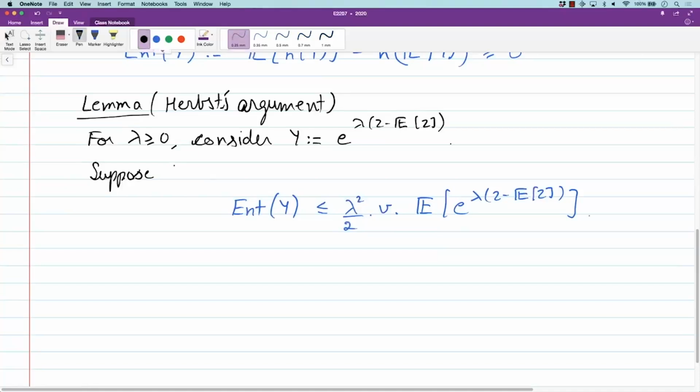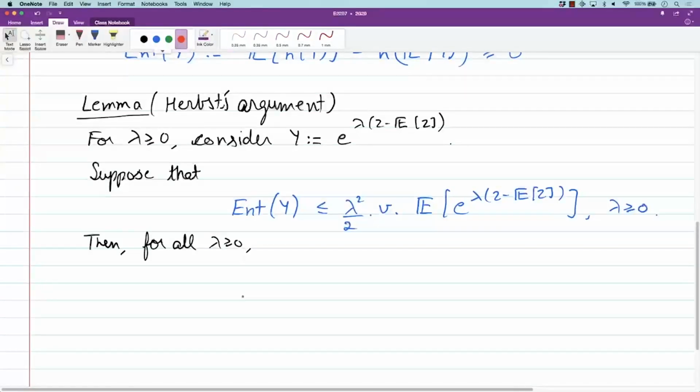Suppose that this bound holds for all lambda greater than 0. Then what follows is that for every lambda greater than or equal to 0, you have the same bound, the sub-Gaussian bound, lambda square by 2v.